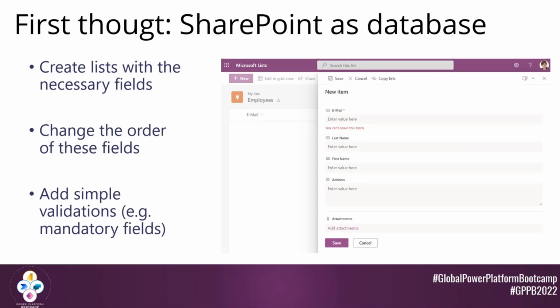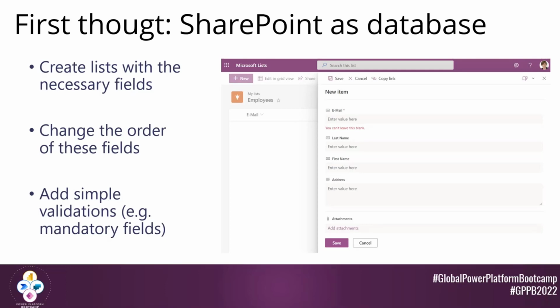So Tanya started. She created the lists. She was thinking about the necessary fields, so the information she wants to manage, and she changed the order of these fields, so it feels pretty nice. Here, as we see in the slide for the candidate or the upcoming employees, what's about the email, last name, first name, and so on.